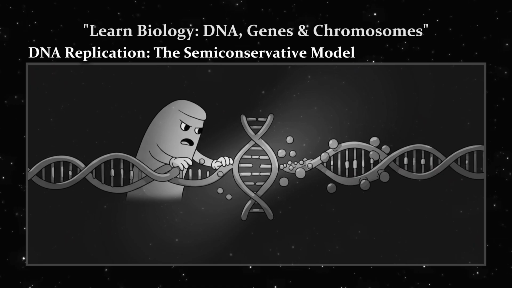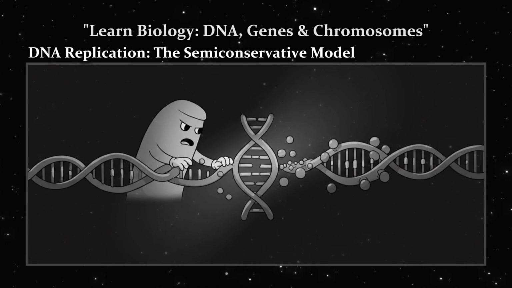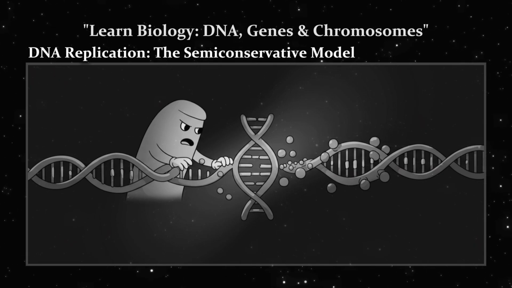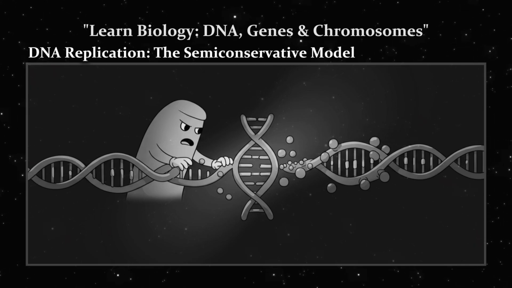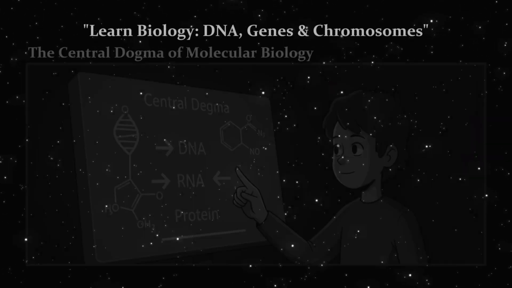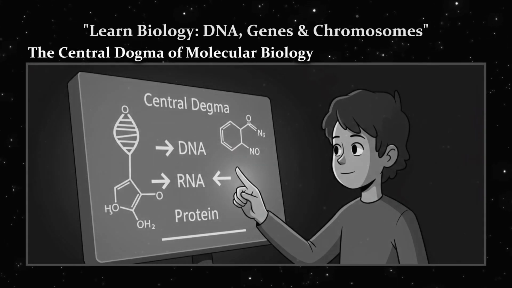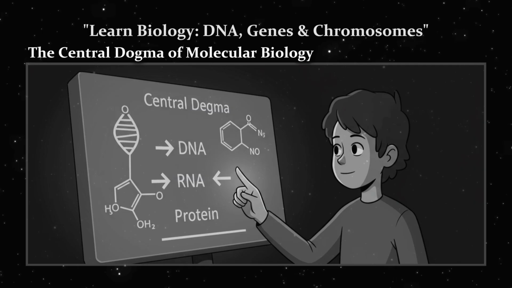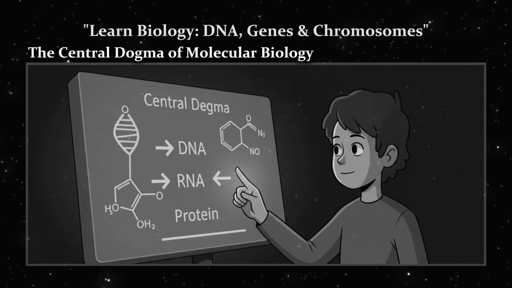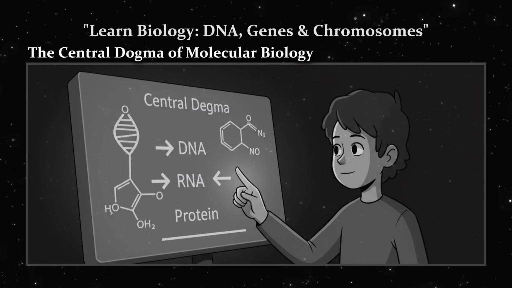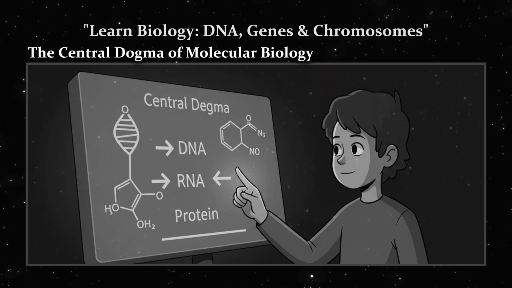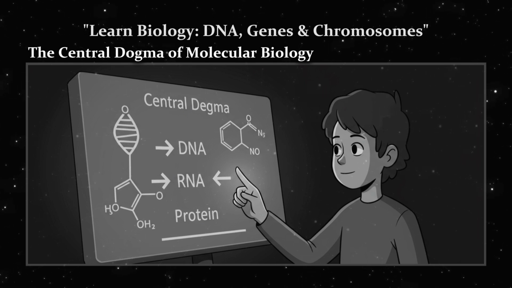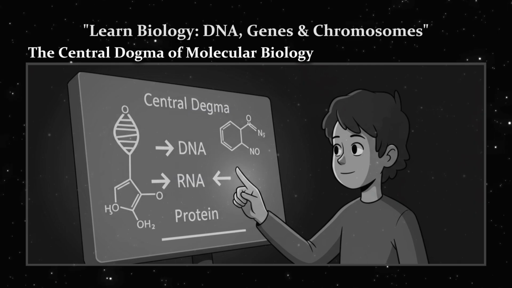We are now ready to explore the central dogma, the flowchart that describes the flow of information from storage to action. The central dogma of molecular biology. In our lessons up to this point, we have built a quiet understanding of the blueprint of life. We have explored the physical structure of DNA, the double helix, and we have learned the four-letter language in which its instructions are written.